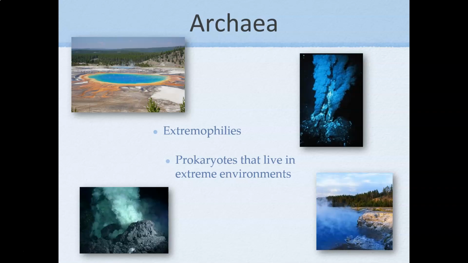So they live in some really extreme environments. These are some of the hydrothermal vents, hot springs. This is actually my picture from Yellowstone. This is Grand Prismatic, and it is a hot spring pool, and each of those different colors associates with a different archaeal species, a different prokaryotic species, excuse me, that is also connected to different temperatures.